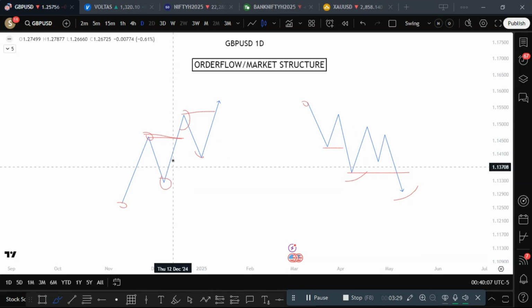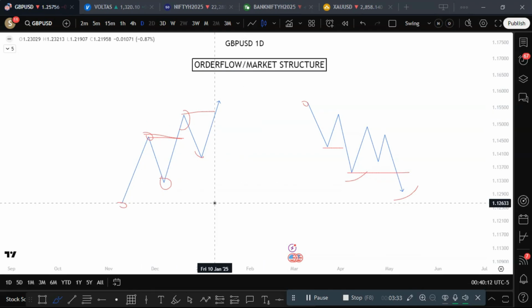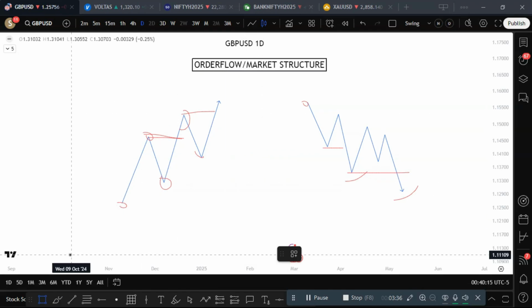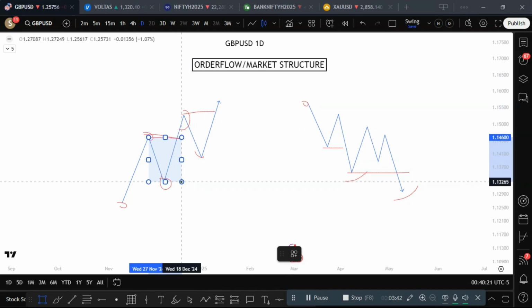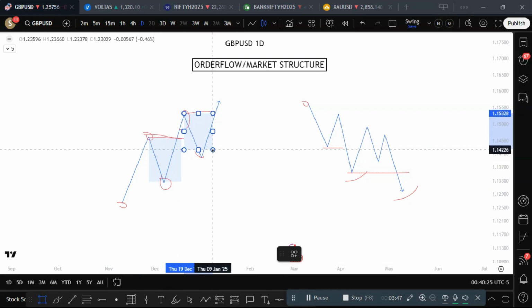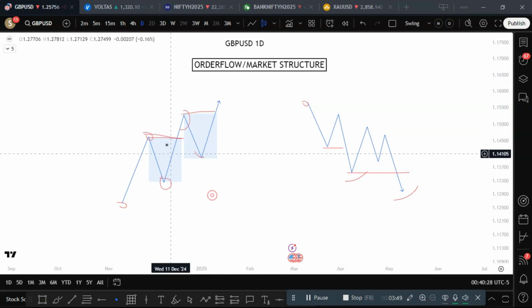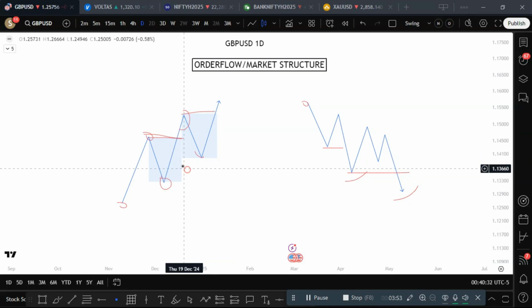Then it do continuation, retracement, we call it impulse correction. So whenever market goes upside, it create down move, then up move, it create down move, then up move. So this is the retracement part, and we call it S2B.